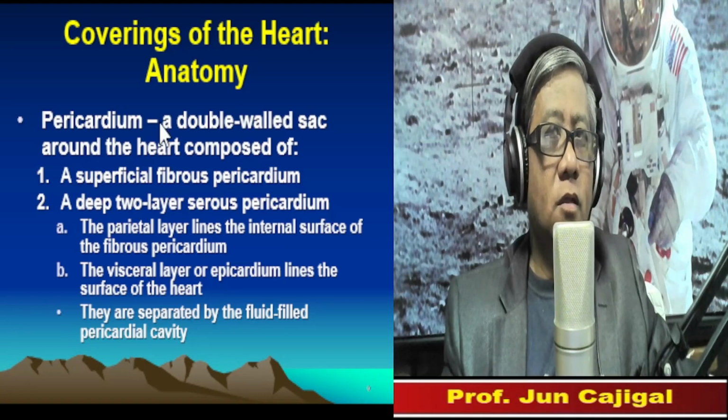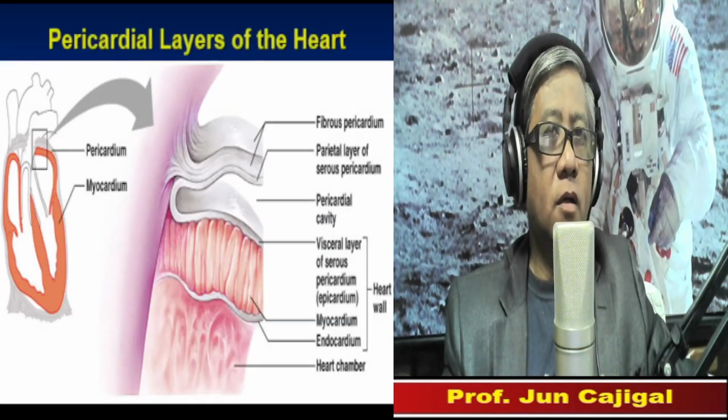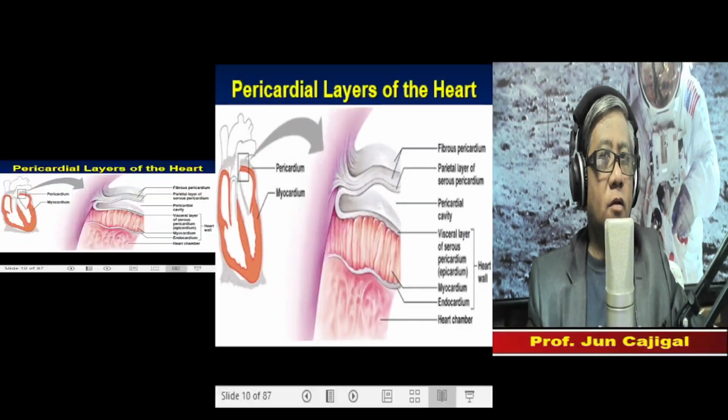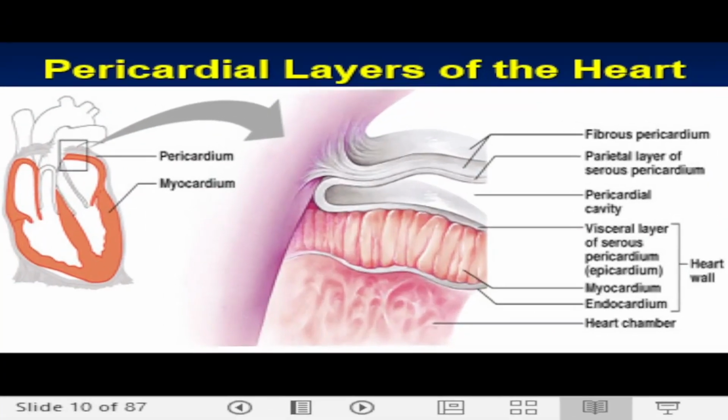So here is an illustration showing the different layers of the pericardium. Now, the pericardium is composed of a fibrous pericardium, and we have the serous pericardium. Now, the serous pericardium is composed of the parietal layer, and we have the visceral layer of the serous pericardium.